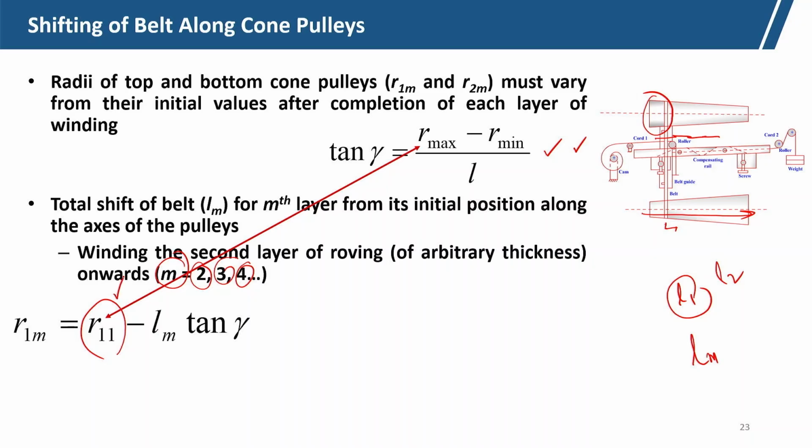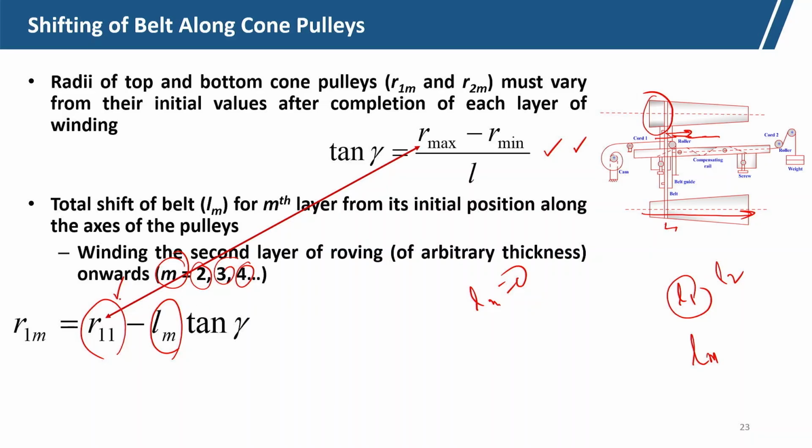This is the maximum radius for the first layer of the top cone pulley, and gradually, as the belt is shifted by Lm, which increases gradually, initially for the first layer Lm is 0, that means R1m will be equal to R11. But for the second layer, R12, there will be shifting.